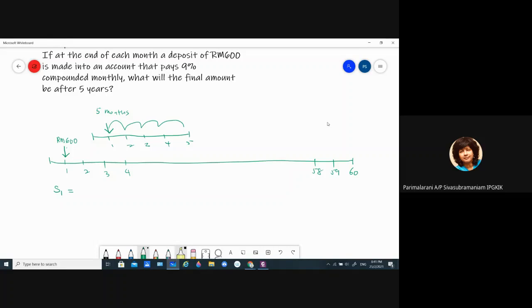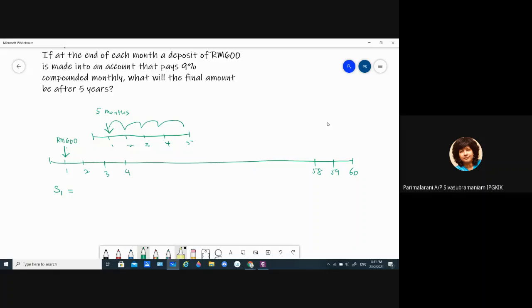What formula are we using here? The compound interest formula, right? Because it's collecting compound interest. This money, 600, you leave it for 59 months inside this account at 9% compounded monthly. So it's the compound interest formula, right?